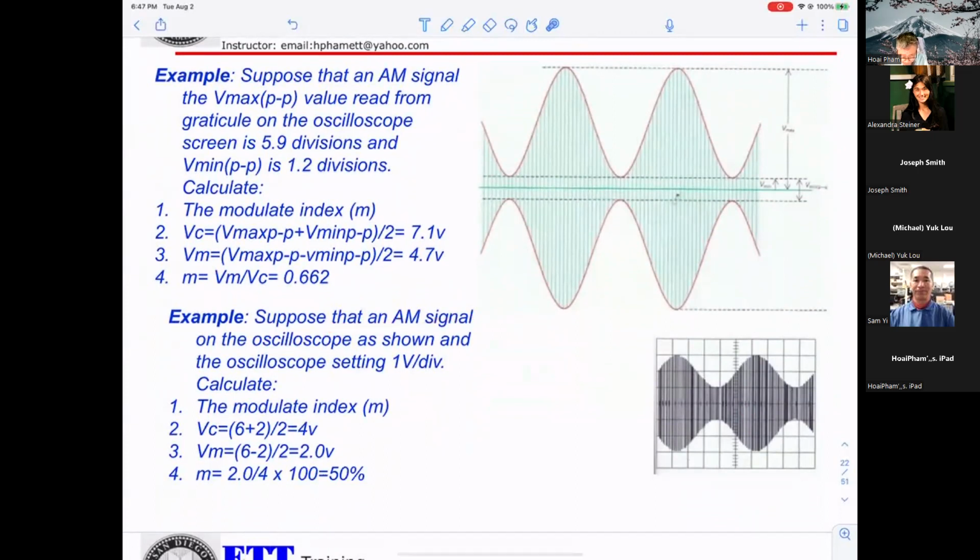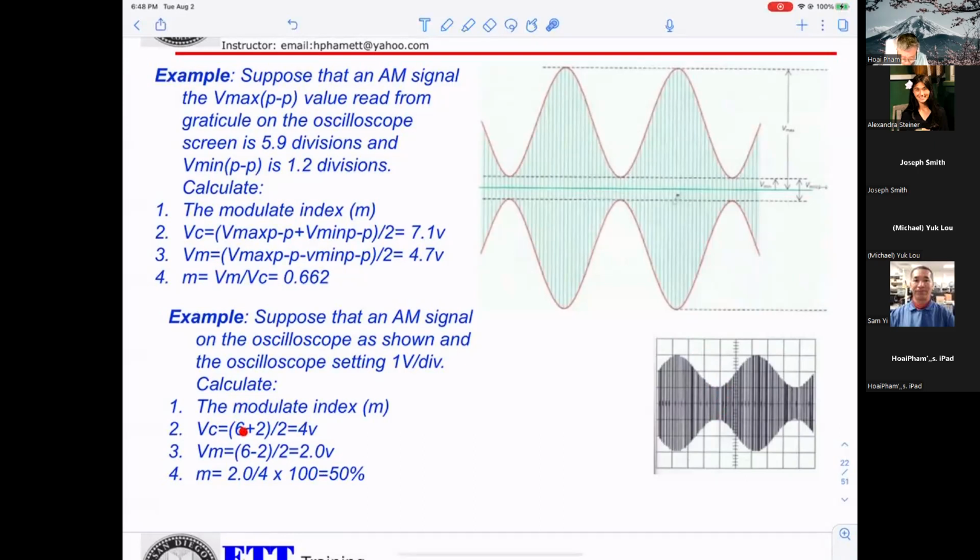Suppose this is an AM signal on the scope. The oscilloscope is set to 1 volt per division. From top to bottom, how many divisions? 1, 2, 3, 4, 5, 6. So 6 is the maximum. This is the minimum here: 1, 2.